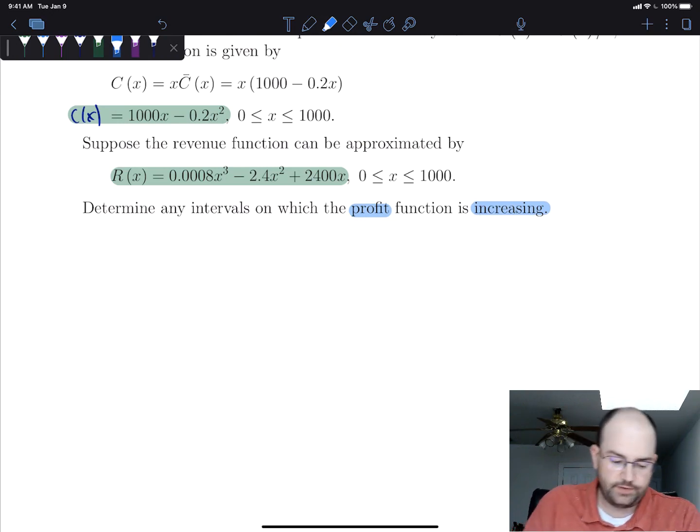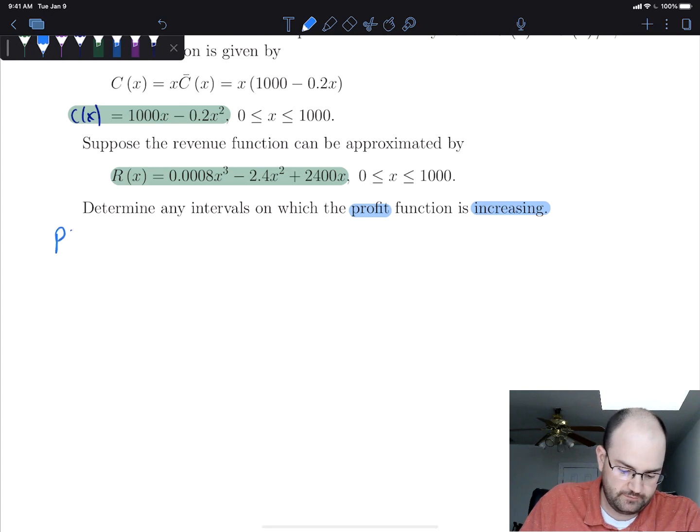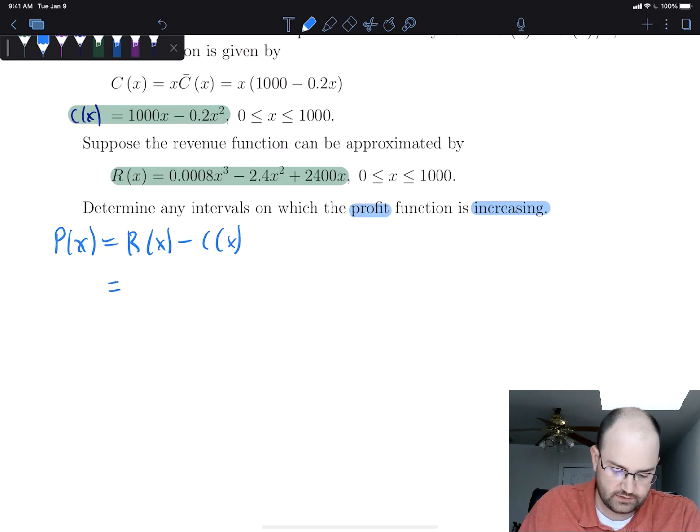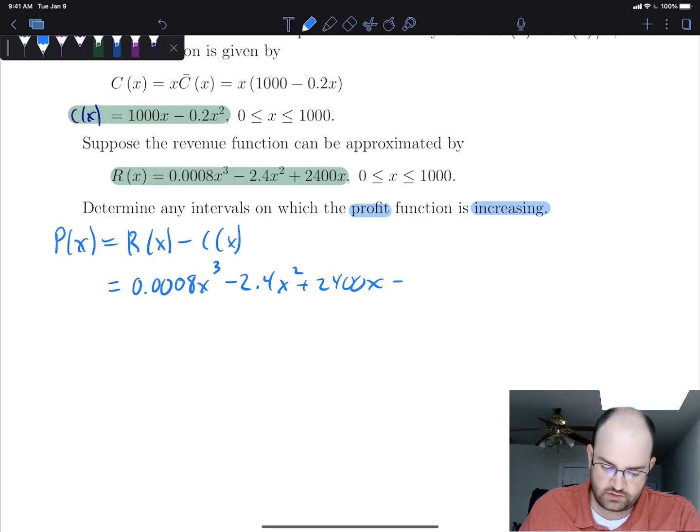Okay, so remember that the profit function itself is just the revenue minus the cost. So this would just be 0.0008x cubed minus 2.4x squared plus 2,400x. And then we're going to subtract off the entire cost function of 1,000x minus 0.2x squared.